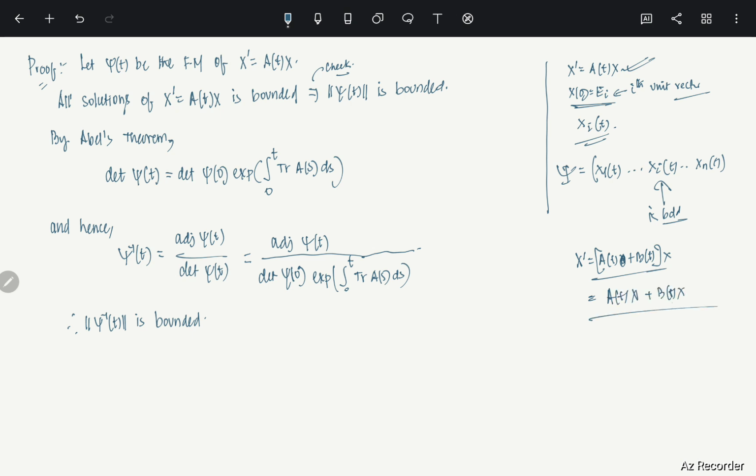Now this part, let us put it as small b(t). You remember we did the exact same thing for the constant coefficient case, and we are going to do the same thing here. Let b(t) be nothing but capital B(t) times x(t).